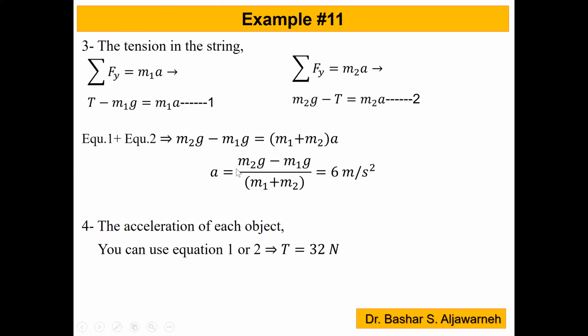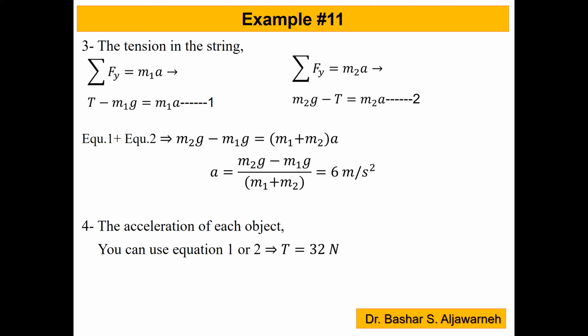So you will end up with the acceleration equals M2 times G minus M1 times G divided by M1 plus M2. Substitute the magnitude of the mass and gravity, you will end up with 6 meters per second squared as the acceleration.